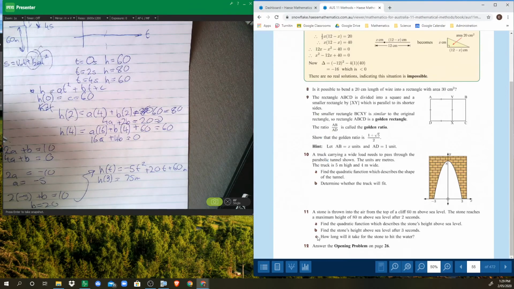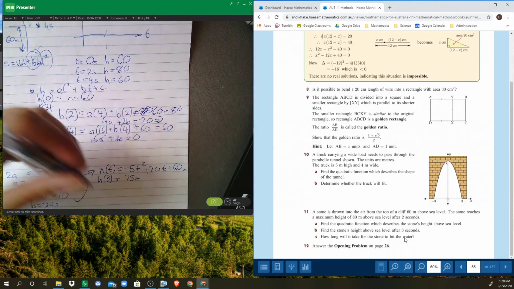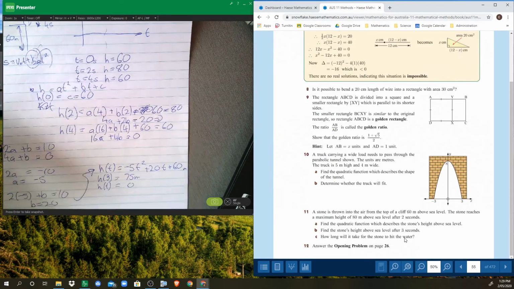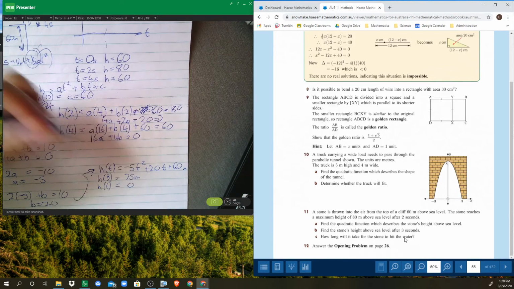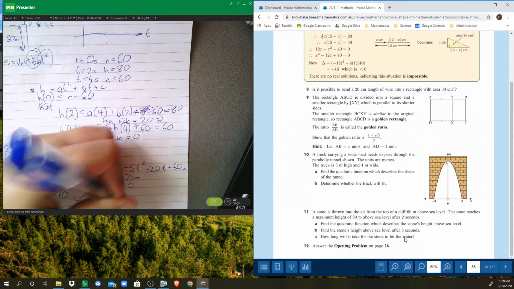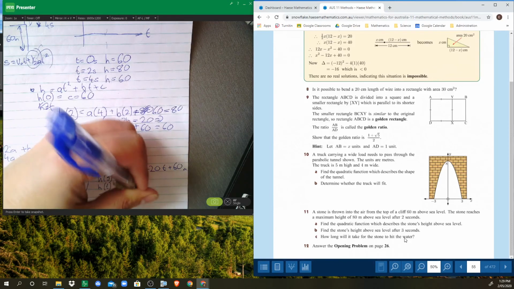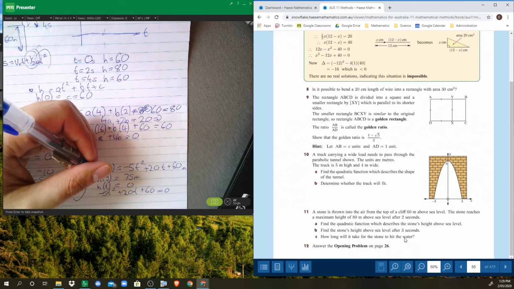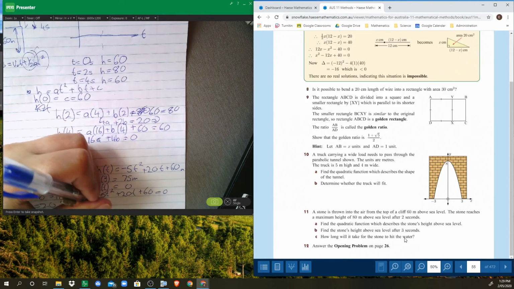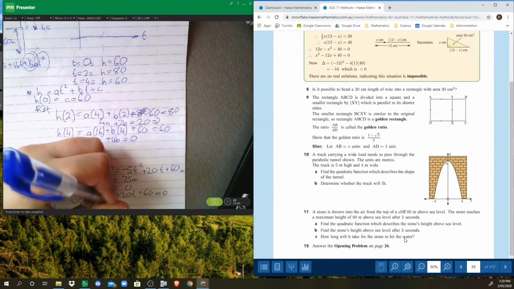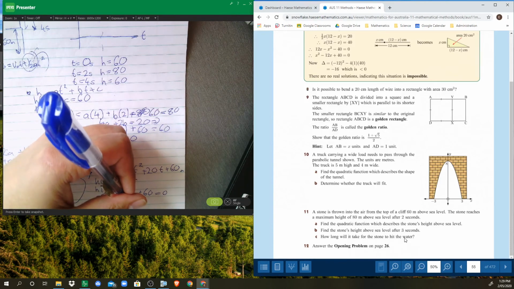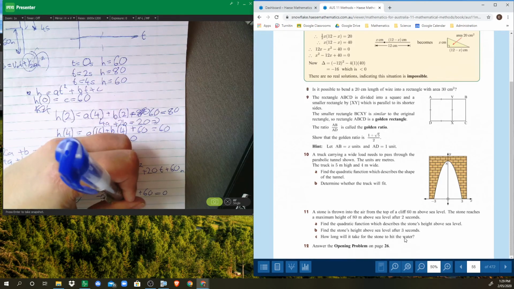Was there anything else? How long would it take the stone to hit the water? Well, let's find h equals 0. So minus 5t squared plus 20t plus 60 equals 0. Now I'm going to divide by 5 in each of the terms, or you can multiply by negative one fifth. Minus t squared plus 4t plus 12 equals 0.